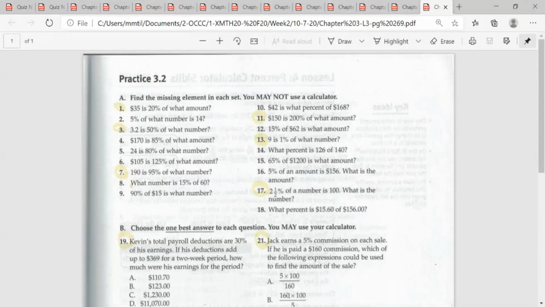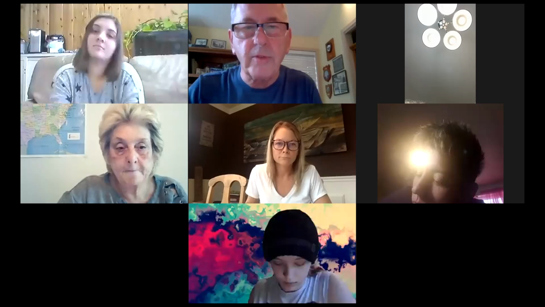So this one, $170 is the part, right? And the rate is 85. You just want to know what that base is. So it looks like this, right?